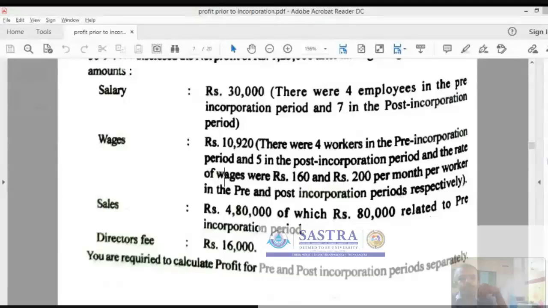Which one should we take for calculating the time ratio? Incorporation, sir. Is it correct? As usual, you are correct.